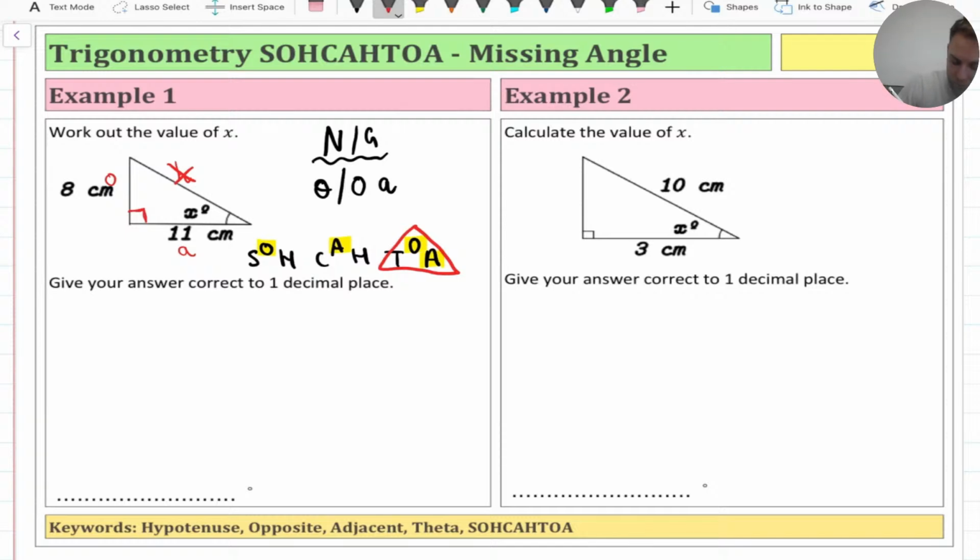Okay, so we know that we're using TOA. So we know that stands for tan. So tan of theta is equal to O at the top over adjacent.